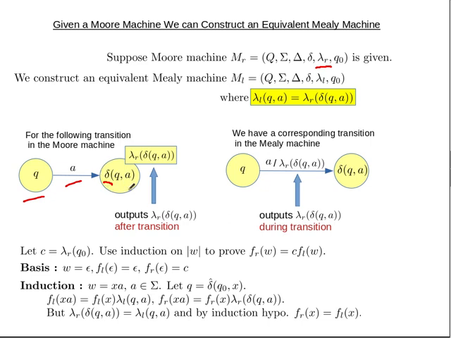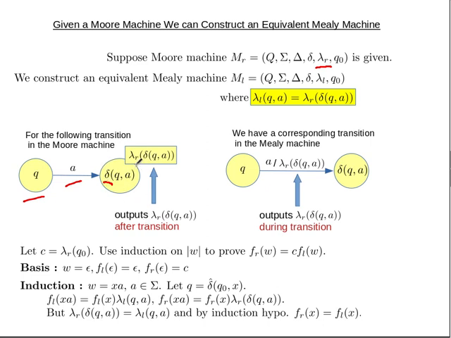And when you move there, you also output a symbol, given by lambda R of whatever state you reach. So you have a transition of this sort in the Moore machine.